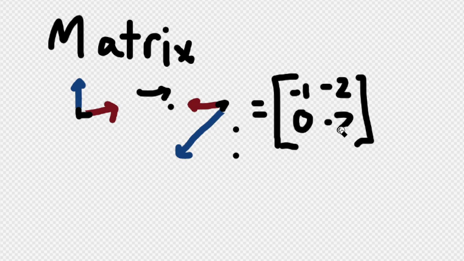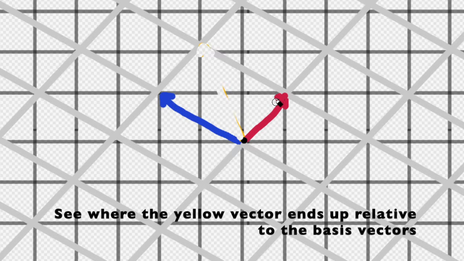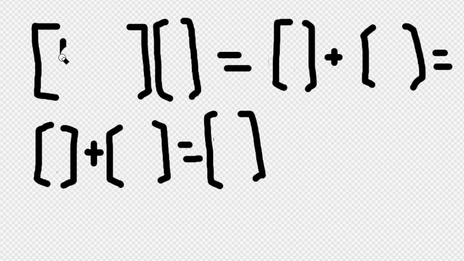enclosed in square brackets. Here you can see it visually, where when we transform the basis vectors to (1, 1) and (-2, 1), and look at the vector that ends up at (-1, 2), it was originally at (1, 1), because you can see where it is relative to the basis vectors.